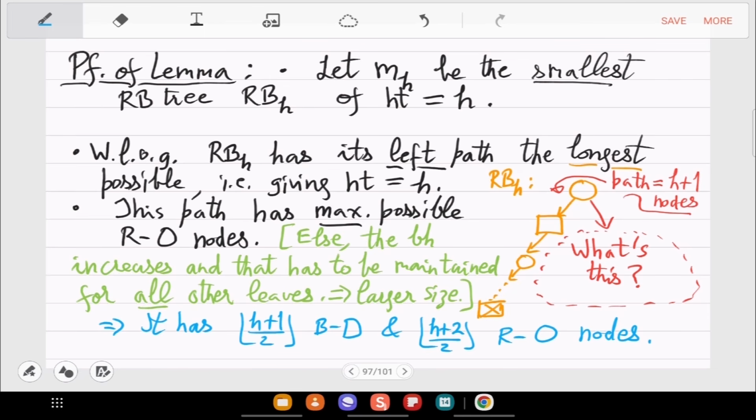H equal to 4, you are getting 2 and 3. H minus 1. So then maybe, that was a mistake probably. I see. So you are saying that since red has to be less than black, there is no other option.